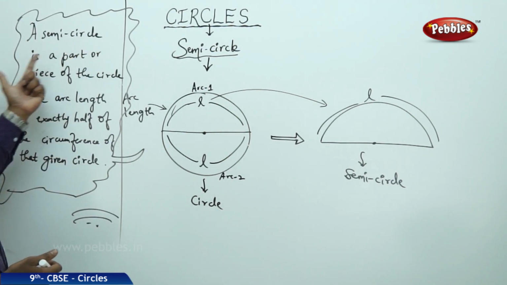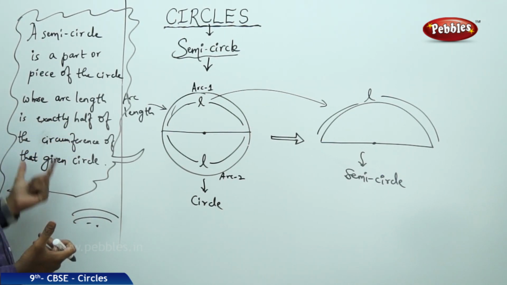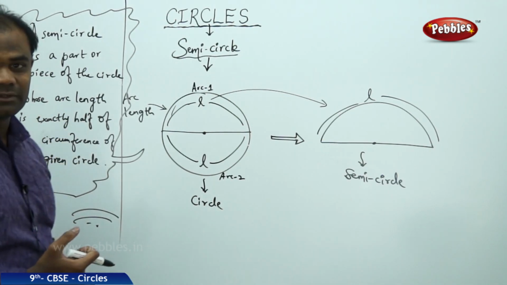A semicircle is a part or piece of the circle whose arc length is exactly half of the circumference of the given circle.